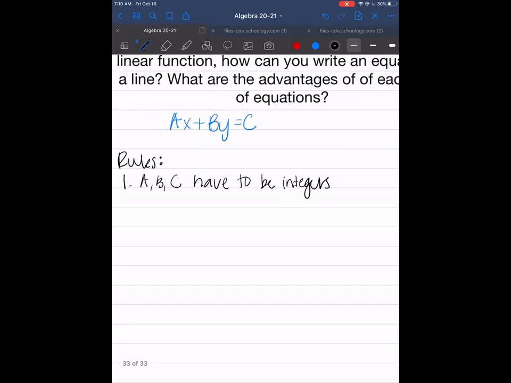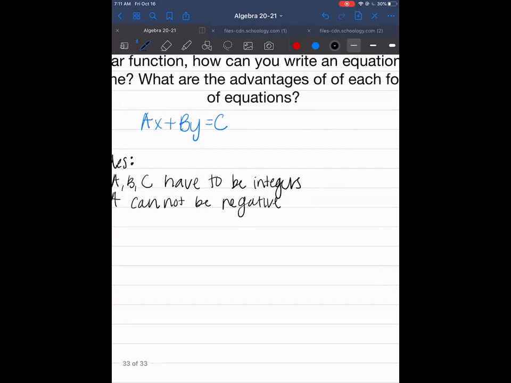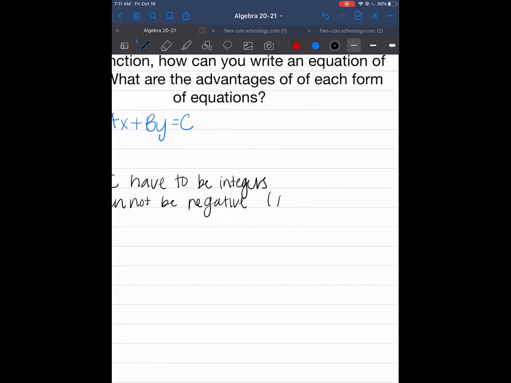The second rule, a cannot be negative. So a has to be positive.